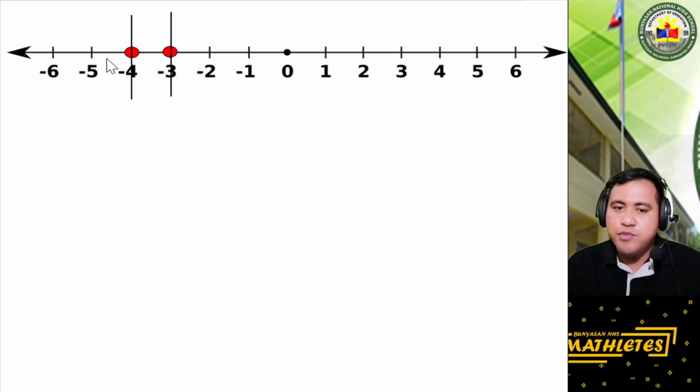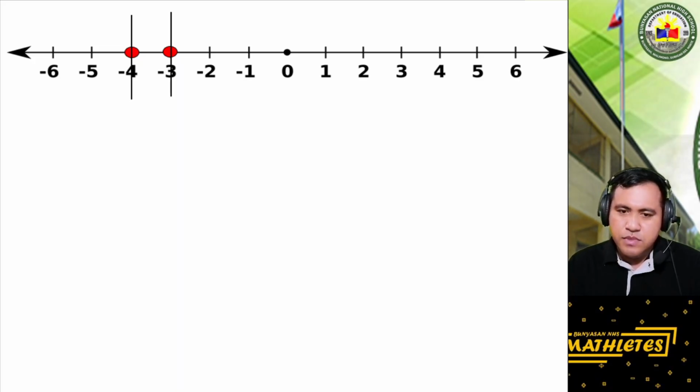We could choose negative 4.5, but to solve, we will choose negative 5. We could also choose negative 6. Then in between negative 4 and negative 3, we choose negative 3.5.